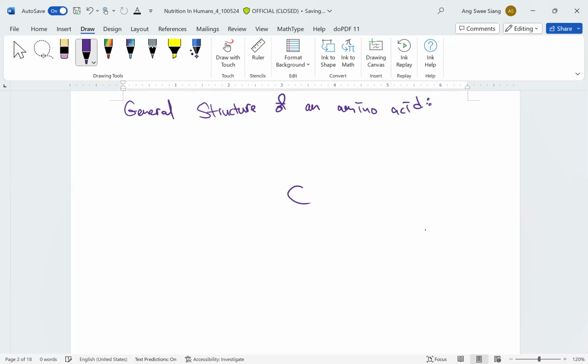There are different groups attached to it. Usually they will have this NH2 group. If I write it down for you, NH2 is called the amino group.